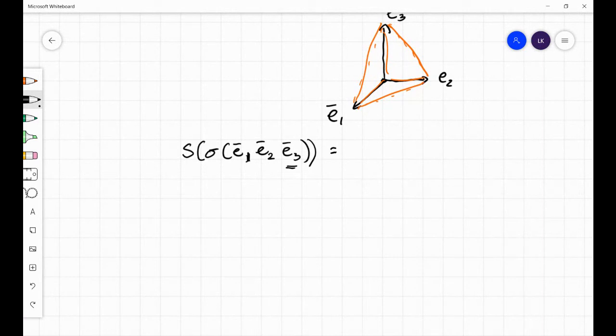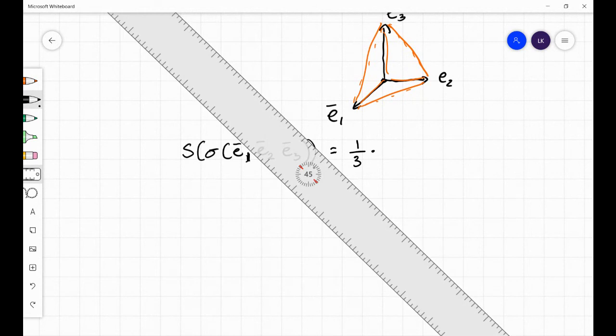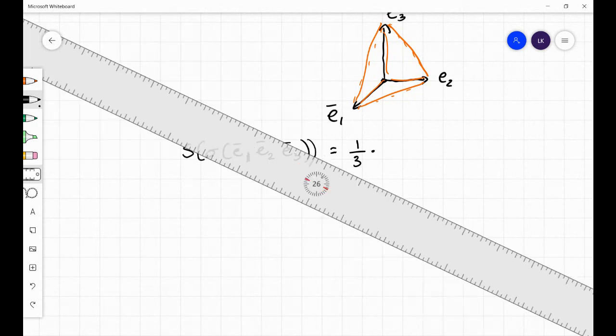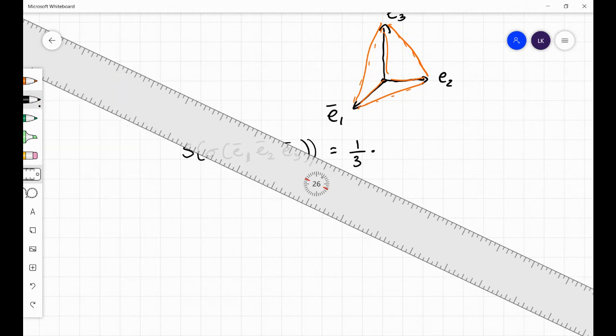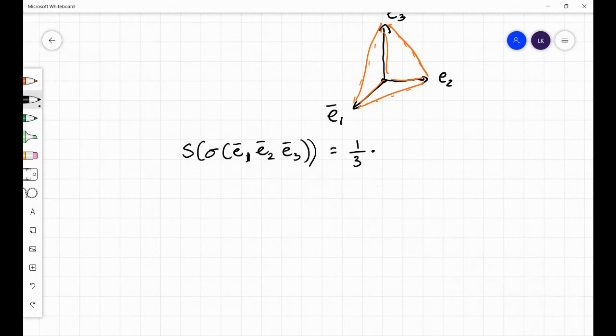Inductively, because you have a 3 simplex, you'd say 1 over 3 times the signed volume of the 2 simplex, which corresponds to the base area of this triangle, times the distance between E3 and the span of the first 2 vectors, E1 and E2.